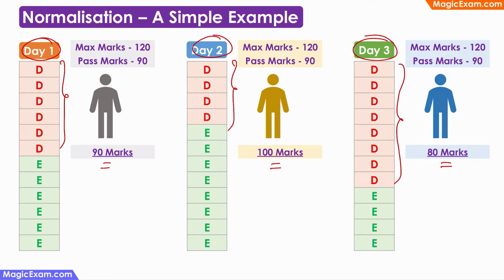Now NTA already knows the difficulty level of each question because all that they need to do after the exam is pull a report which shows how many candidates managed to answer a specific question correctly. So if more candidates are answering a question correctly, then that question must be easy, right? And if more candidates are taking a lot of time to answer a particular question, that question might be difficult.